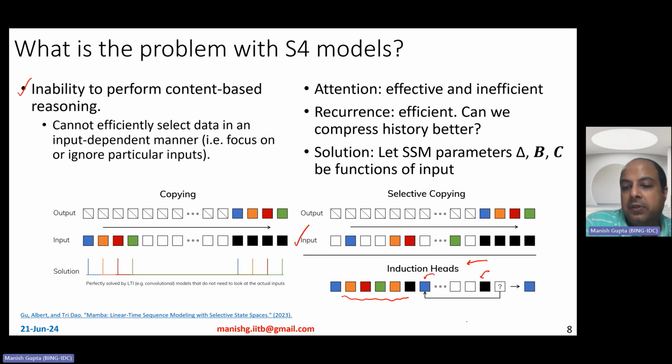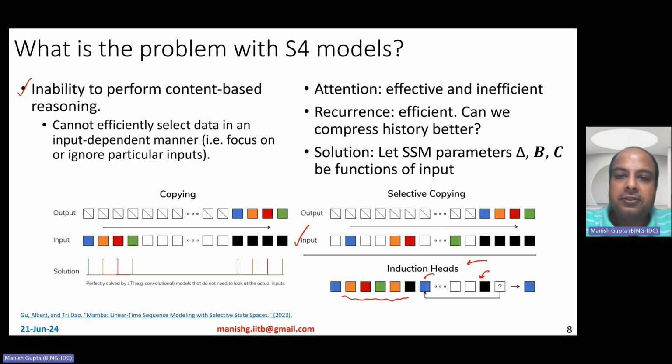But in general, it's very difficult to implement this associative memory with S4 models, because S4 models, again, do not really care about the current input. They only care about using the same parameters on whatever comes as input. Okay. So what you want is some notion of attention. That's the most important part. You want some notion of attention.